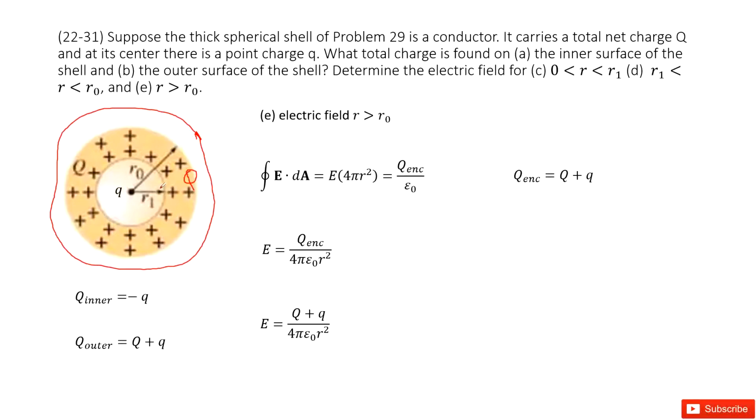So the enclosed charge is capital Q plus small q. Then we consider Gauss's law: the electric field times the Gaussian surface area equals the enclosed charge divided by epsilon naught. Replacing Q enclosed with capital Q plus small q, we get the answer there.